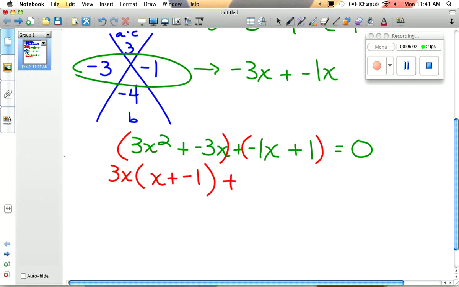We want it to be negative 1, don't we? Because when we divide, we want that to be a positive x, so it matches our other one. So we factor out a negative 1 instead of a positive 1, and we end up with x plus negative 1 that way. Because remember, the goal when we factor by grouping is that we need a matching factor. And we now have that.